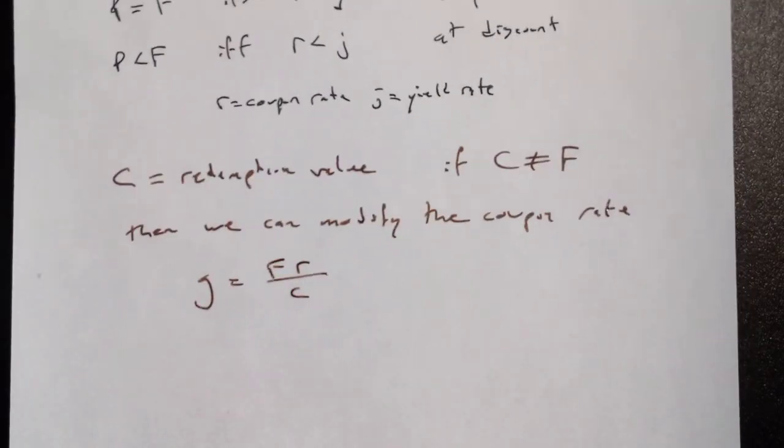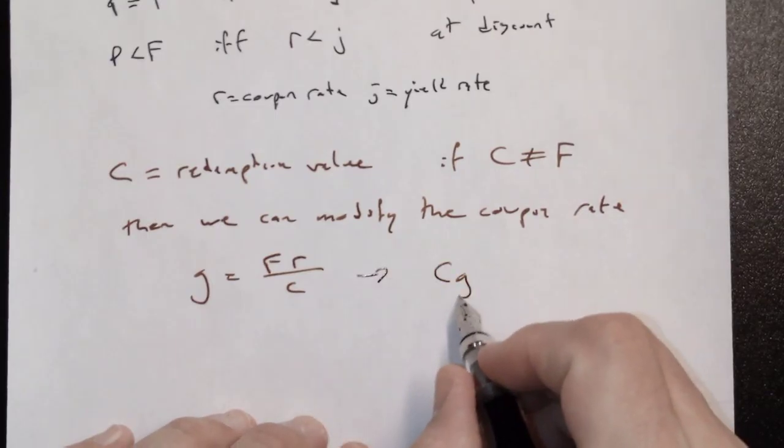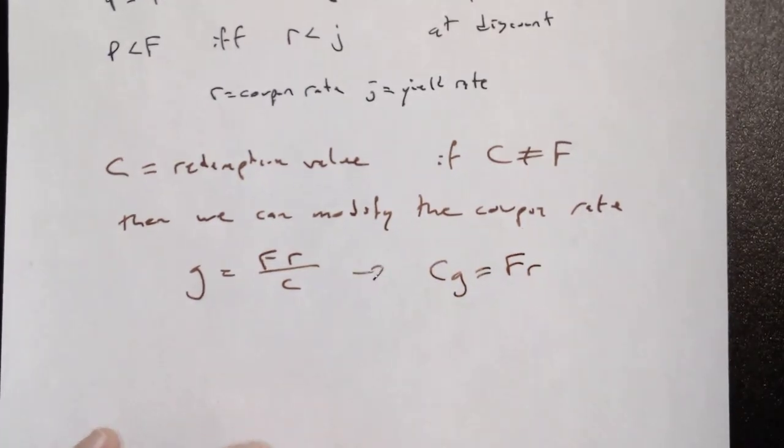Let's take the ratio of the coupon payment to the face value. No, that would have been R. We'll take the ratio of the coupon payment, FR, to the redemption value. Or another way to put this is to say that Cg equals Fr. So I'm thinking of my payments as a fraction of the redemption value rather than as a fraction of the face value. And again, I'll use the same phrasing.